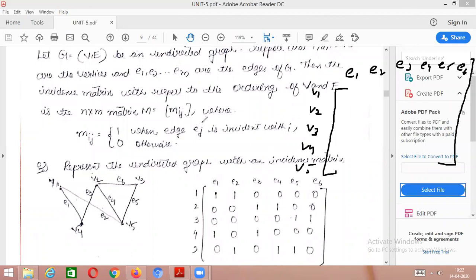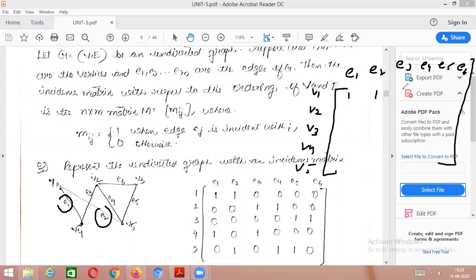Now, for V1, is the E1 edge incident to it? Incident means it's attached, or added, to the vertex V1. For V1, is the E1 edge there? Yes, so you write 1. For V1, is the E2 edge there? Yes, so you write 1. For V1, is the E3 edge added?